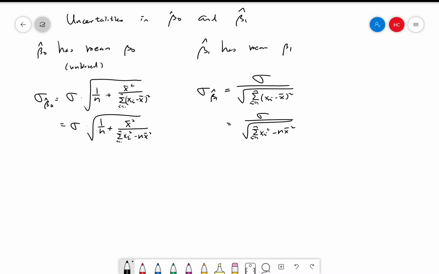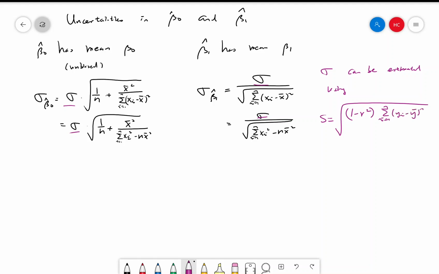Well, it's not over yet, because there's a quantity sigma that we don't know. So sigma can be estimated using S, which is equal to this even bigger quantity: the square root of 1 minus r squared times the sum of yi minus y bar squared, over n minus 2.